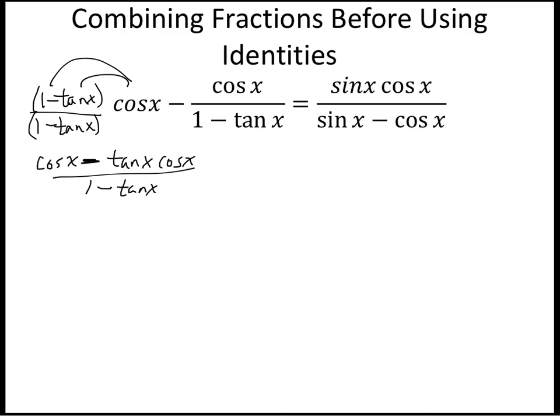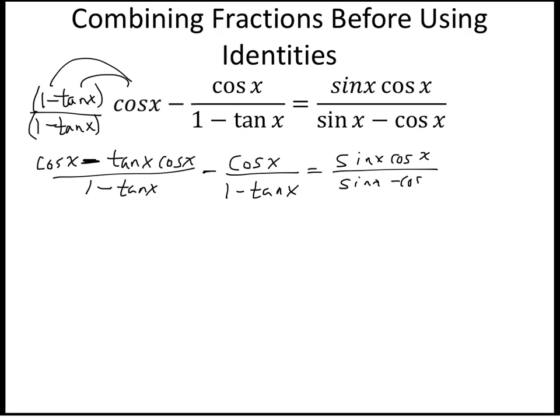So that's just what we've done with this first part here. Now we've got a minus and our second fraction, 1 minus tangent of x, and that will equal just sine x cosine x over sine x minus cosine x. So we see that we have common denominators, so we can combine the numerators, okay?